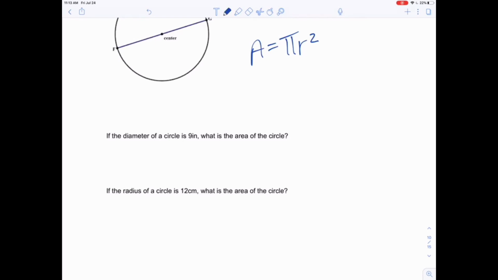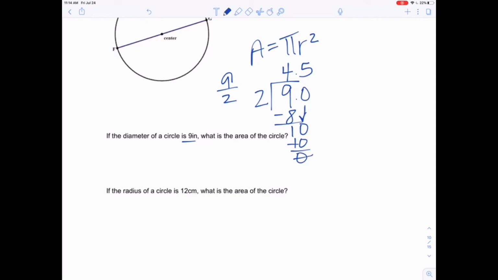Here, it's giving us diameter, and we need radius. So first we're going to divide this by 2. So 9 divided by 2. 4, add a decimal. 10 divided by 2 is 5.